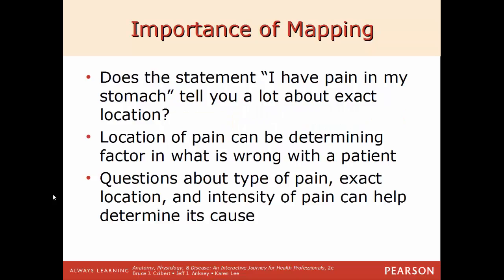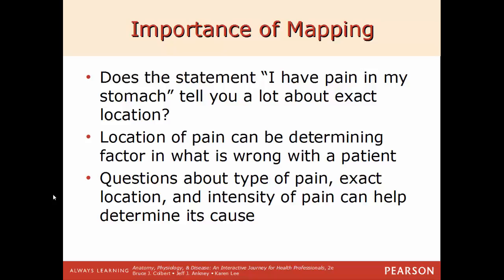Why is all this important? Well, the reason is to pinpoint with at least some accuracy an injury, for example. Does the statement, "I have pain in my stomach," tell you anything? Well, no, it could be any number of things. It could be an intestinal issue, it could be a gallbladder issue, it could be an ovarian cyst if you're female. You can't just say, "Well, my belly hurts."